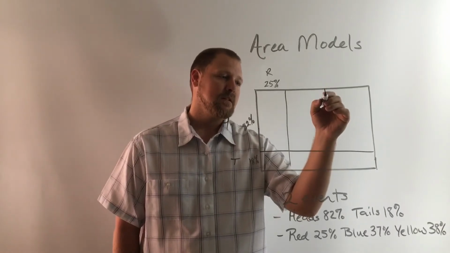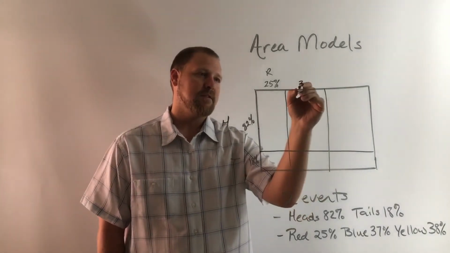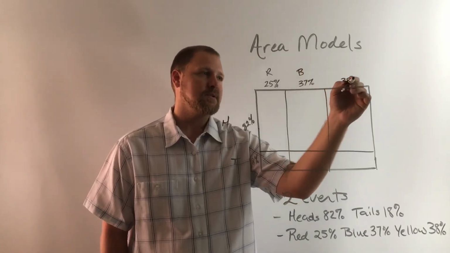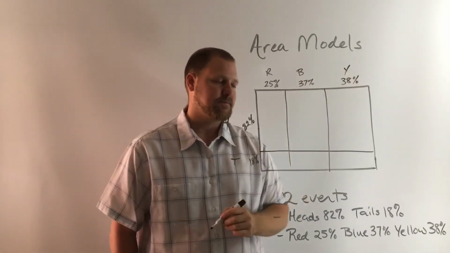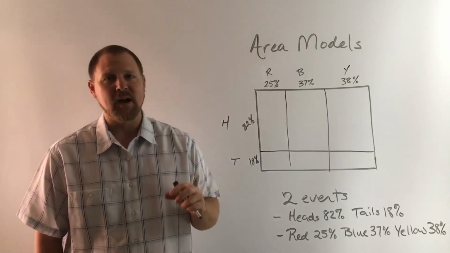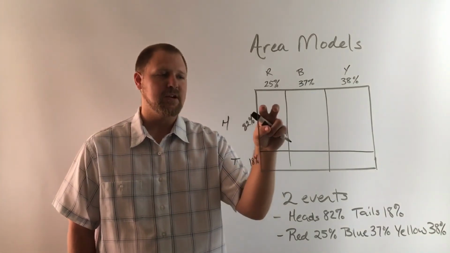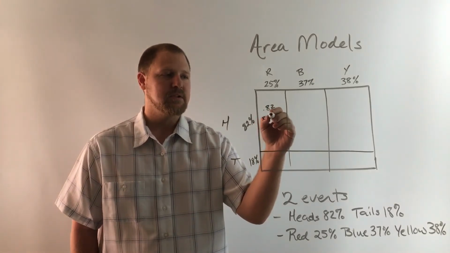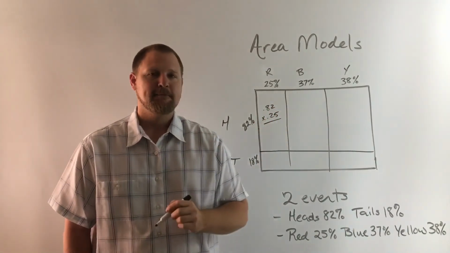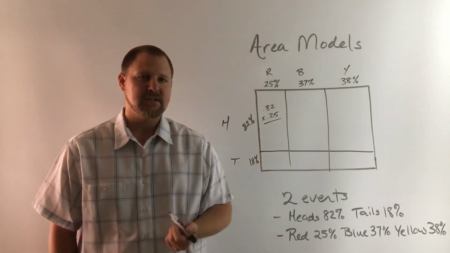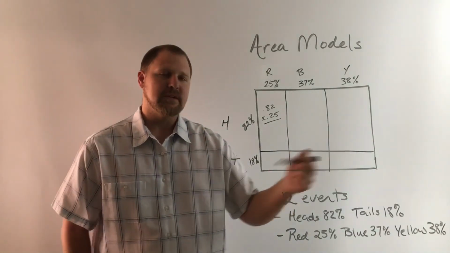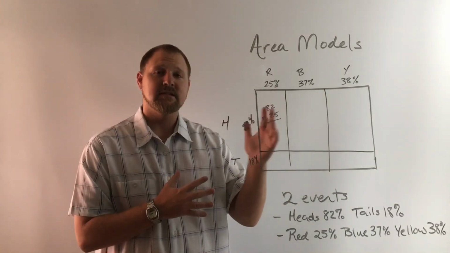So let's say right about there. We have 37% here for blue, and then 38% here for yellow. And now your compound probabilities, in order to get the area of this, we have to do 0.82 times 0.25. And then we'll get the area of this section right here. Same thing for each and every one of these. And that is area model.